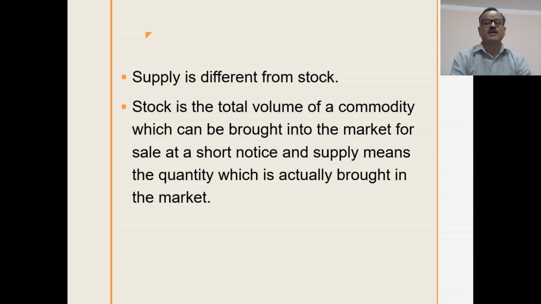And supply means the quantity which is actually brought into the market. So stock is future supply, which is readily kept in a certain place and will be brought into the market at short notice, and supply is what has actually been brought to the marketplace for sale.